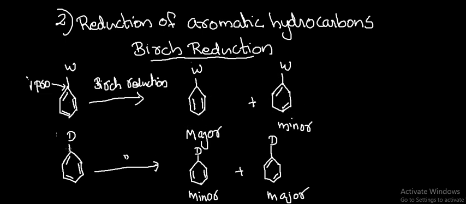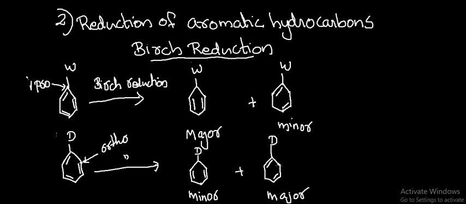In the case of electron donating substituents, preferential reduction takes place at the ortho position. And the resulting product, this will be our major product.